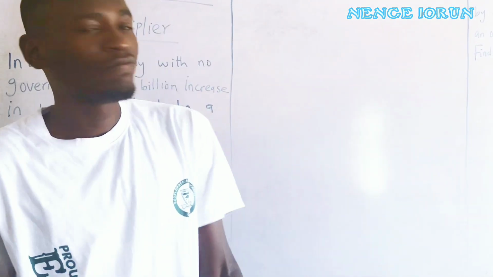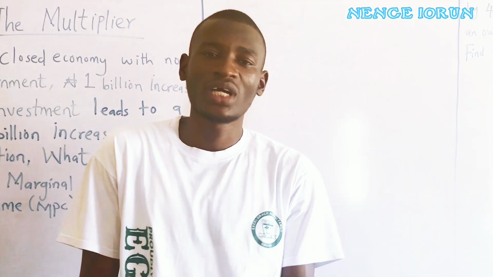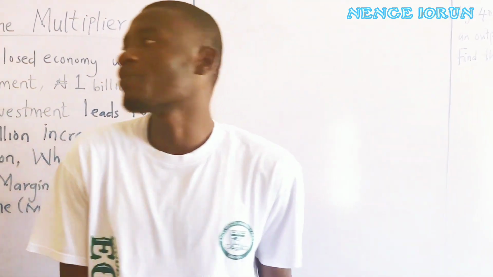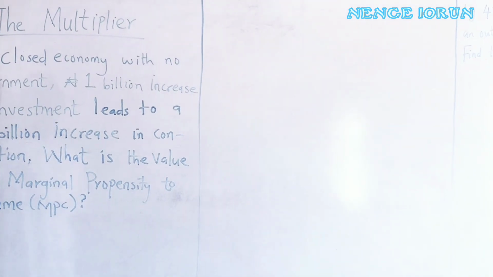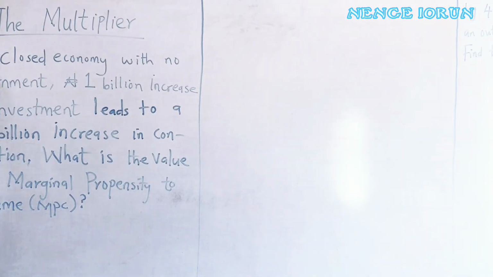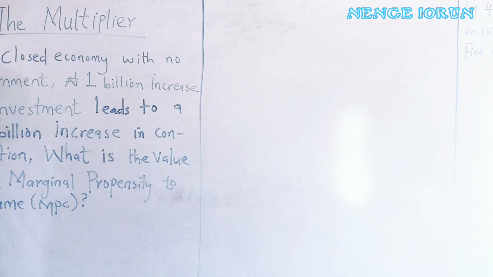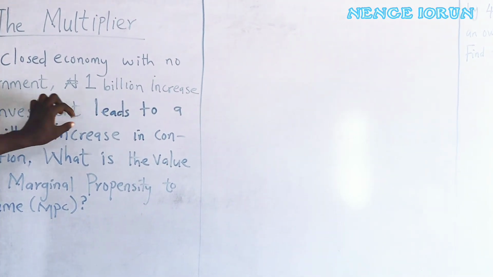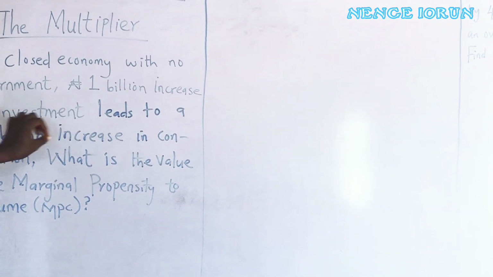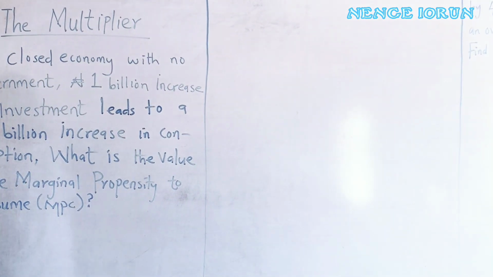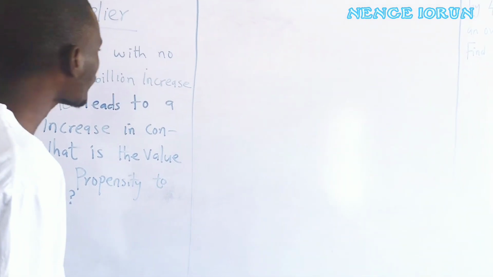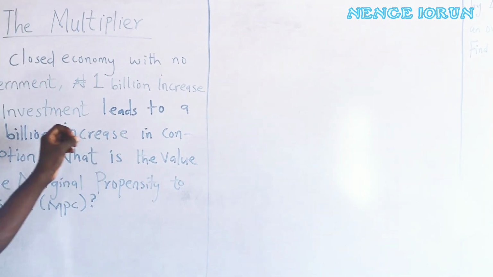So we have two questions on the board which can be solved explicitly. In a closed economy with no government, a 1 billion increase in investment leads to 5 billion increase in consumption. What is the value of the marginal propensity to consume? Look at this question very well.